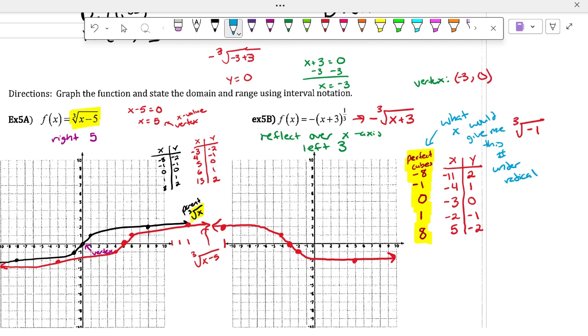So in other words, under the cube root, what x would give me that number under the cube root? So that's why I did that. So when you're trying to come up with x values, so you don't have to keep testing a bunch of them to see if you get perfect cubes, that's how you should think about it. Any questions on that?